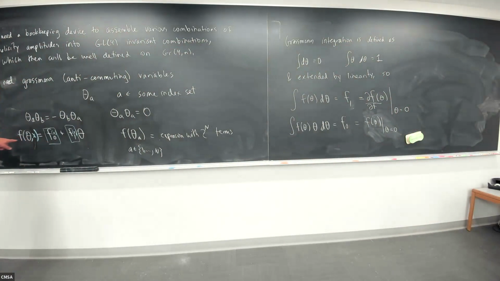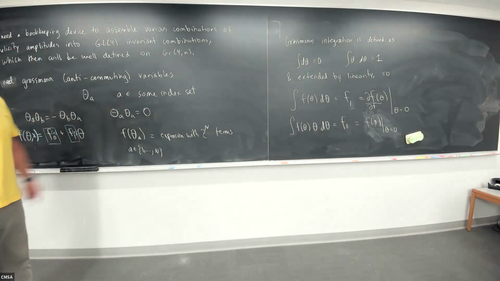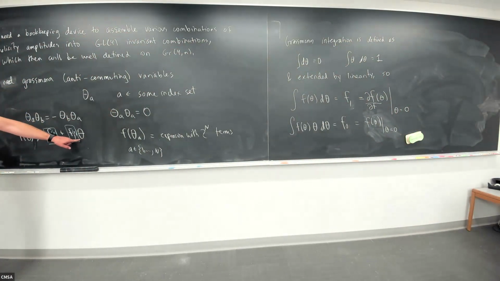If I plug f of theta into the first expression, only this term survives and gives me f1. Whereas if I plug f of theta into the second expression, this term is killed because theta squared is equal to 0, and I just get f0. Okay, that's correct now.